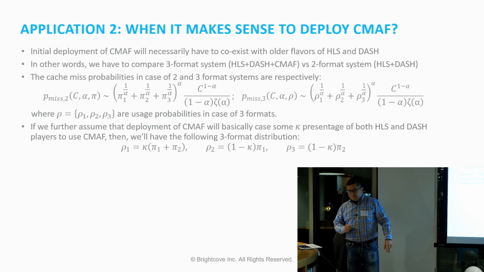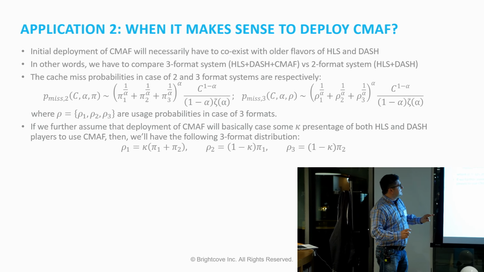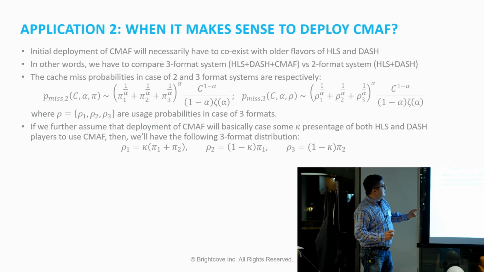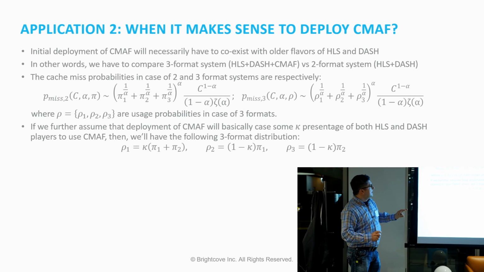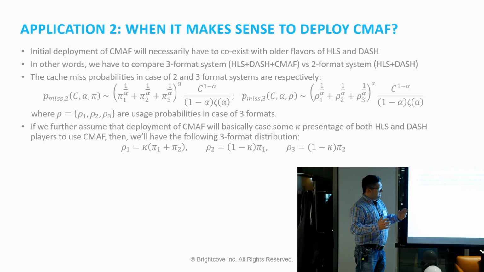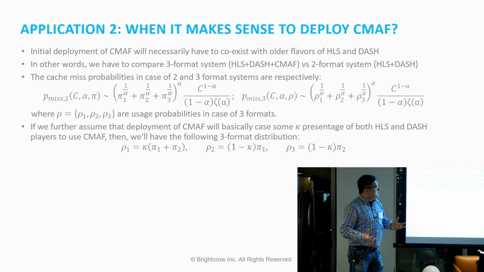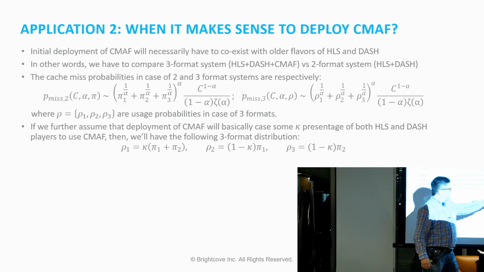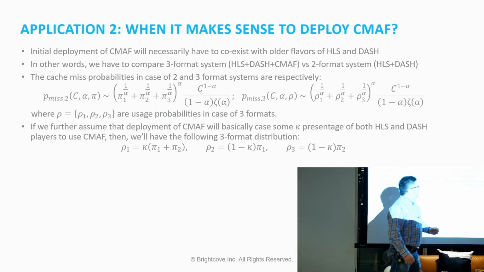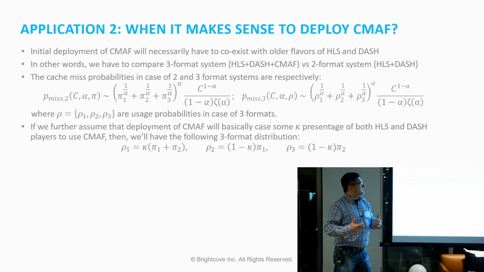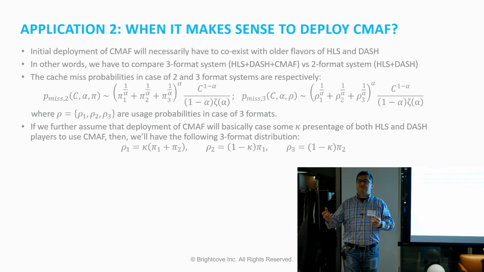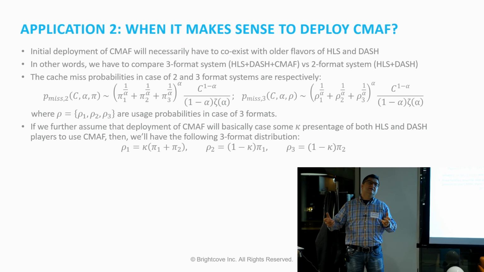Then let's also assume that when CMAF is deployed, there is a kappa, this funny letter, that represents a percentage of both HLS and DASH devices that will be able to switch and decode CMAF right away.